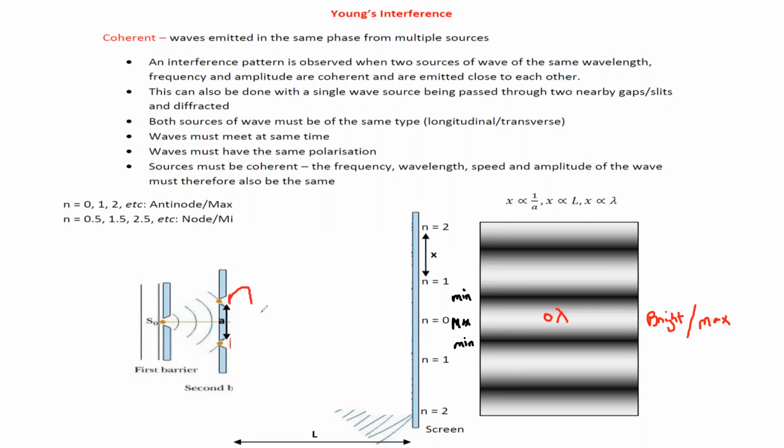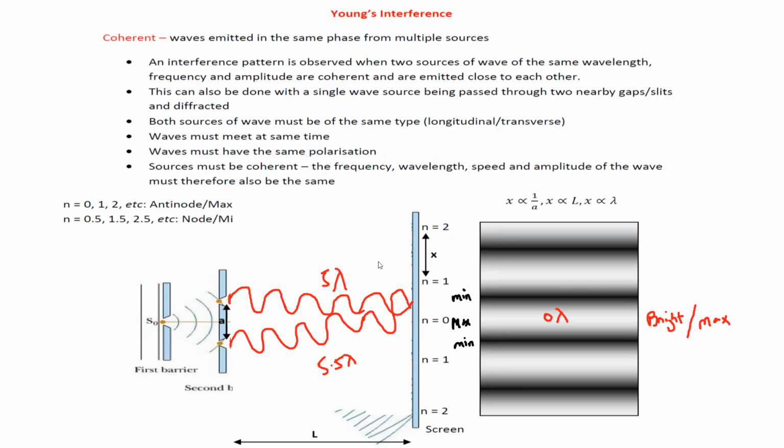Because one wave covers, for example, five wavelengths, and the other covers 5.5 wavelengths. So what is the path difference between the two waves?